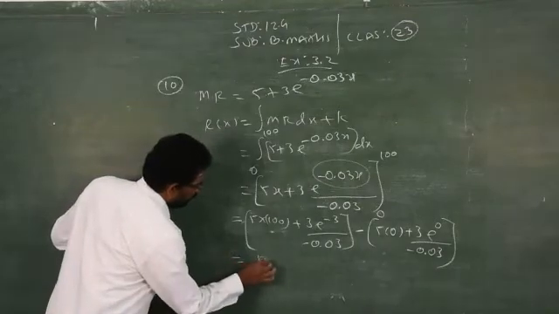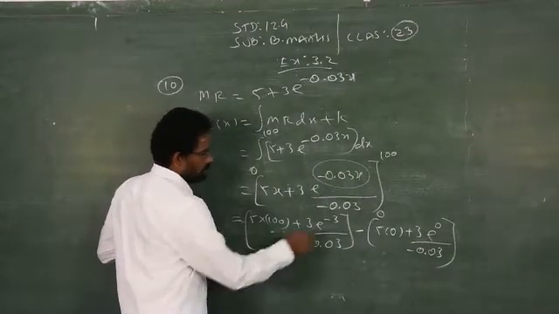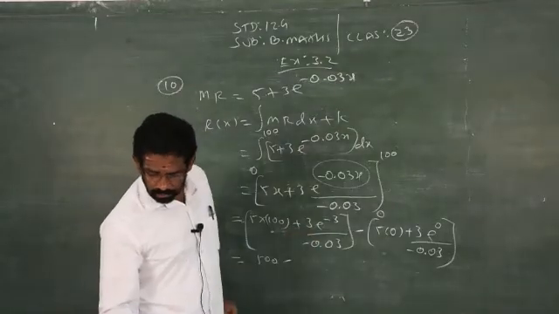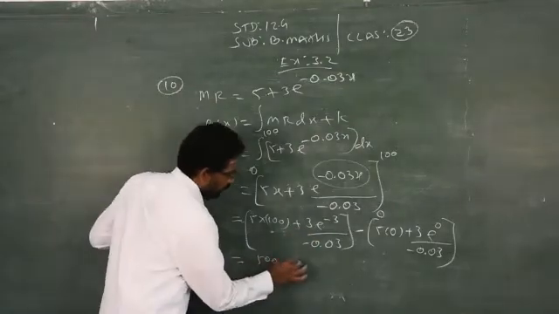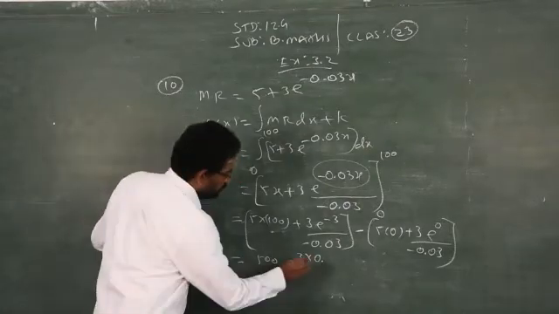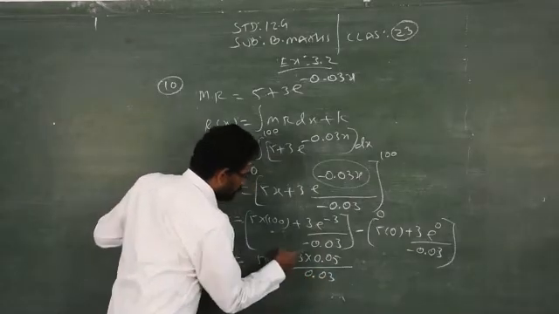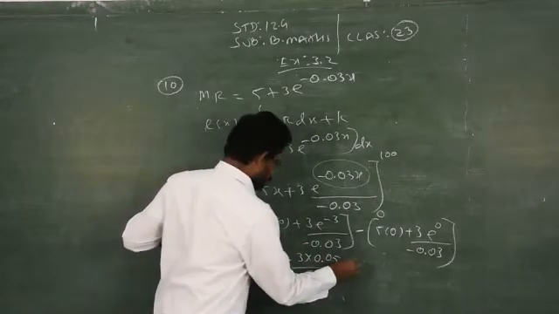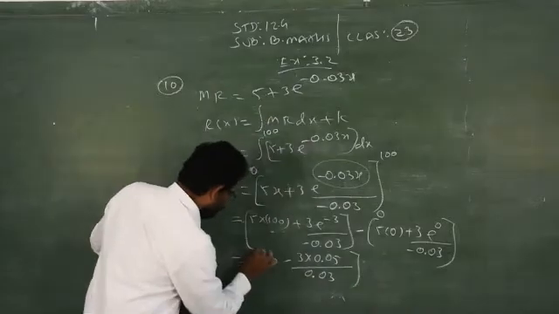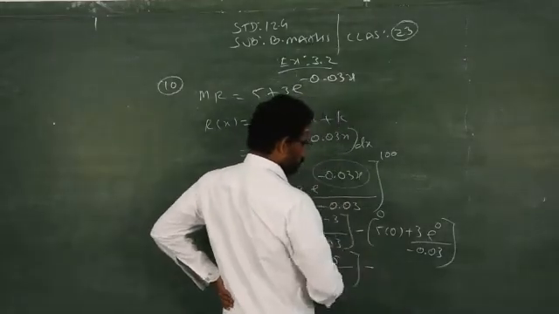So now you will get 500 plus, into minus, minus e power minus 3 is given already in the book itself. So 3 into e power minus 3 by 0.03, because I take plus into minus, minus. So I will close the bracket. Minus, this is 0.